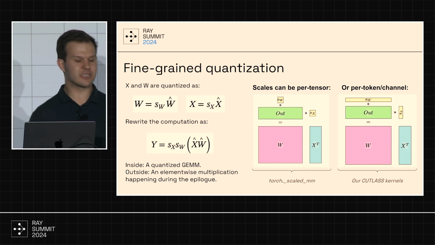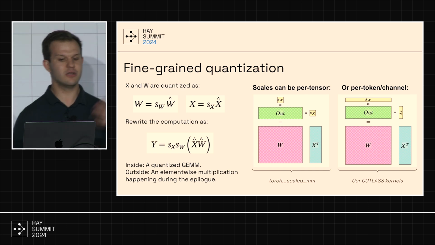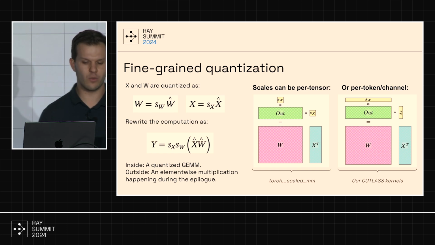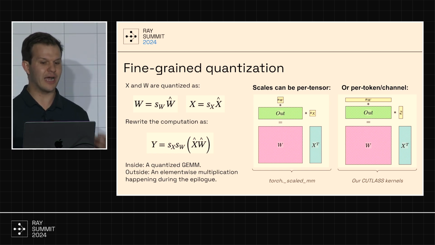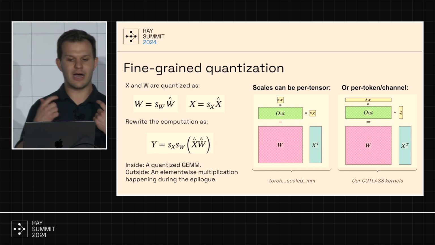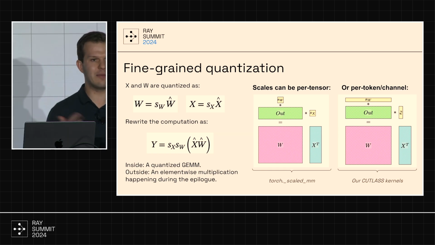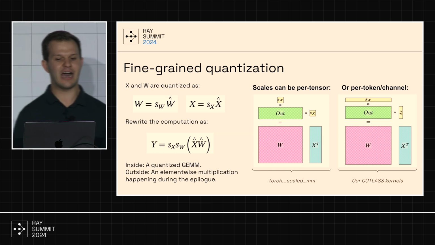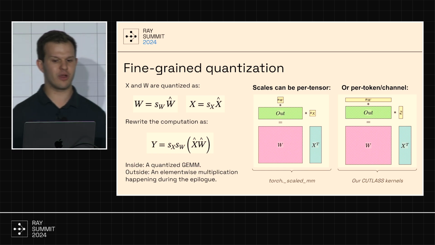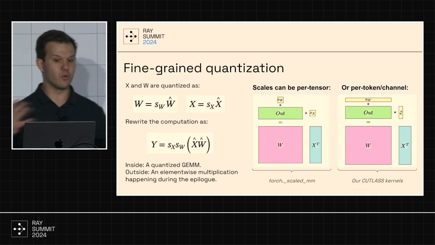But PyTorch scaled MM only supports per tensor quantization, and you have to do it in a fused way. And so you'll face a significant performance overhead if you try to use more fine-grained quantization without our specific kernels. So one of the things that we enabled in vLLM with our custom Cutlass kernels is to have performant fine-grained quantization. Specifically, what we enable is channel-wise scales.